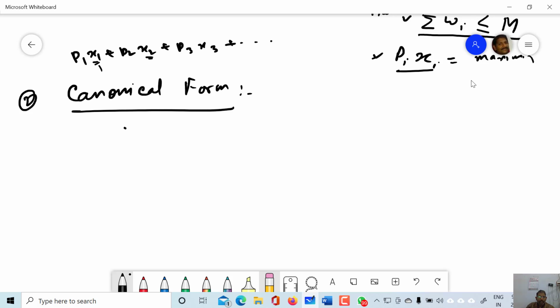Suppose a1 x1 plus a2 x2 plus a3 x3, these are the equation. In the last it is an xn, and this is a function f(x).